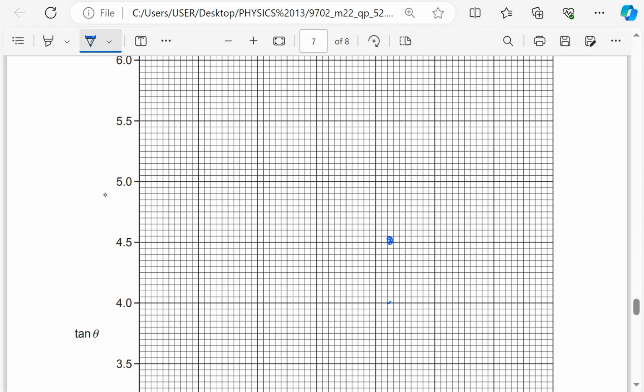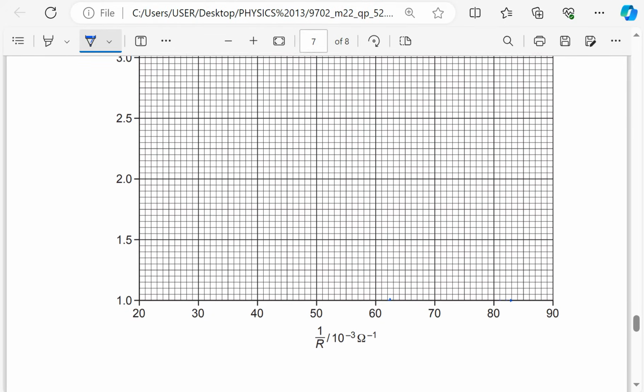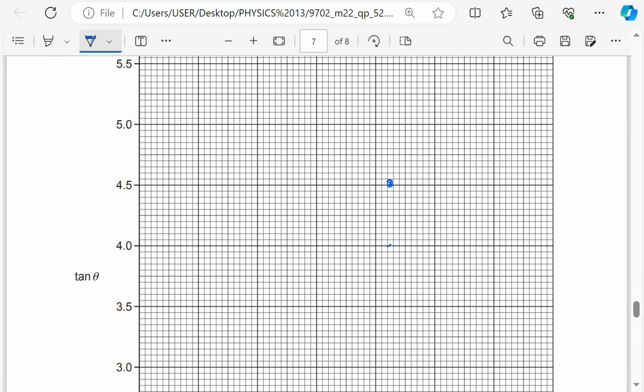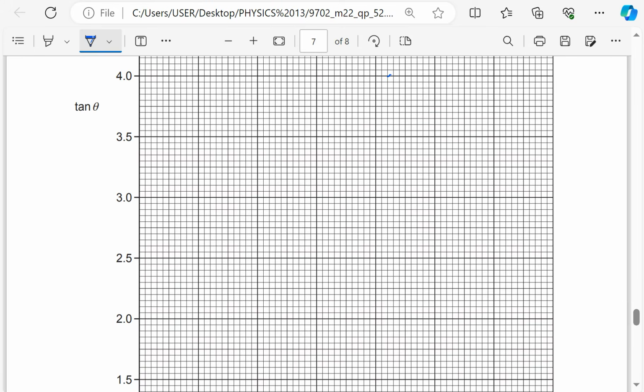The next one is 45.5 against 3.271. 45.5 is in the middle of the box, against 3.27.